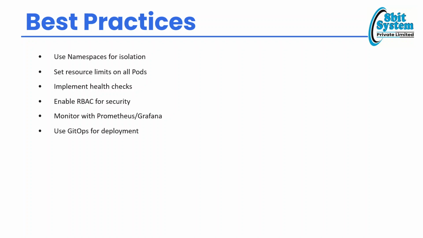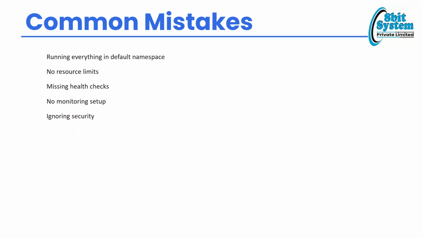The common mistakes we can avoid: using the default namespace, running everything in default, and you lose isolation. No resource limits, one misbehaving app starves all others.